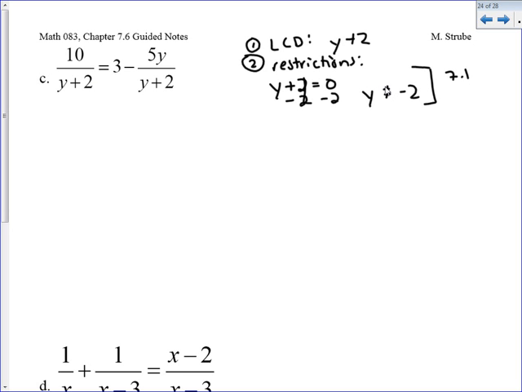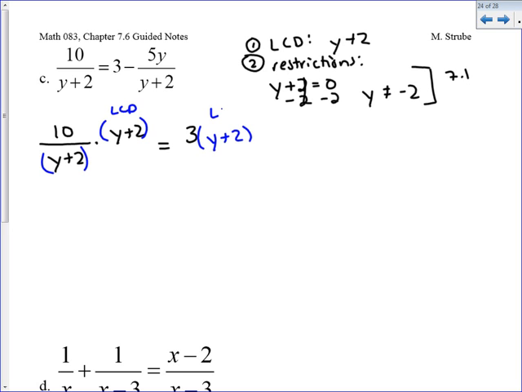All right, next we want to clear those fractions out. What am I going to multiply by to clear out the fractions? Y plus 2. I'm going to multiply by my LCD. I'm going to use some parentheses. So that's the difference between solving and adding.